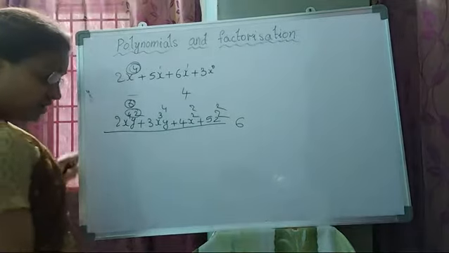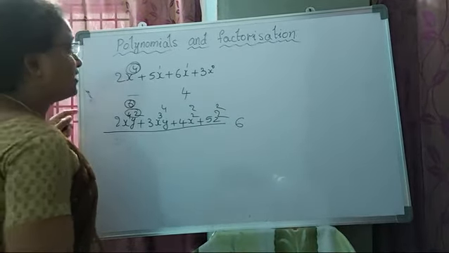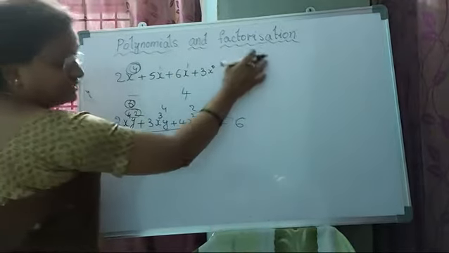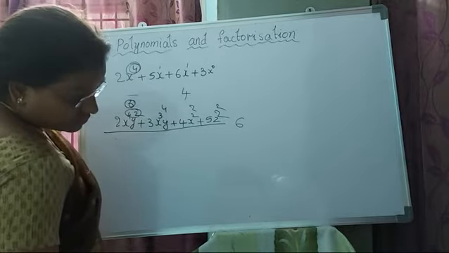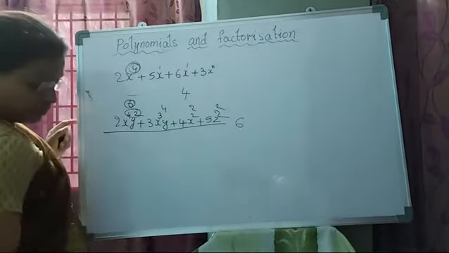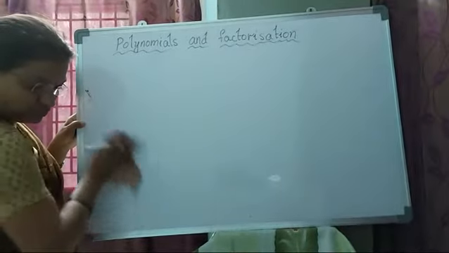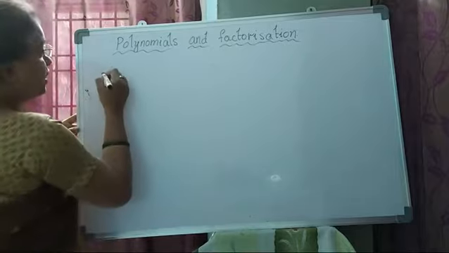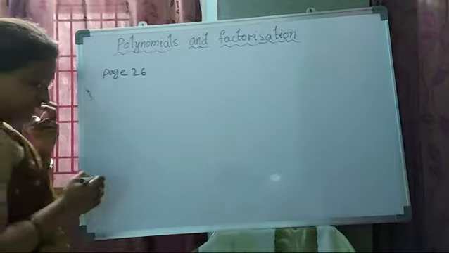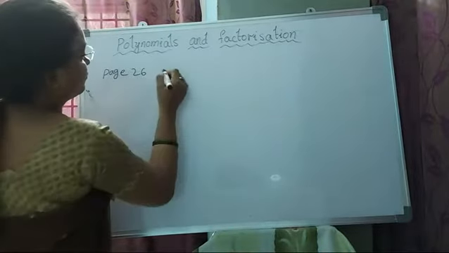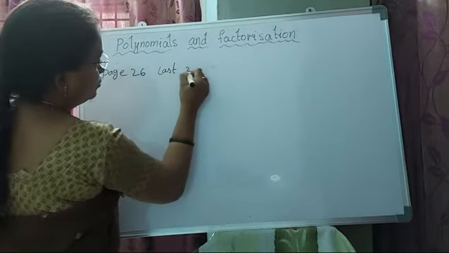Okay. Now first, before starting this polynomials and factorization chapter, after writing this heading, write page number 26. Page 26. What is a polynomial? Page 26, you write the last line, an algebraic expression in which that one. You write the last two lines.